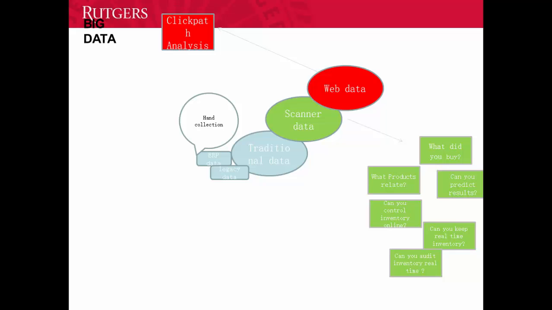And to tell you an even scarier thing, it can record where your mouse is at what time. Online retailers have been using such techniques for a long time to analyze customers' behaviors.